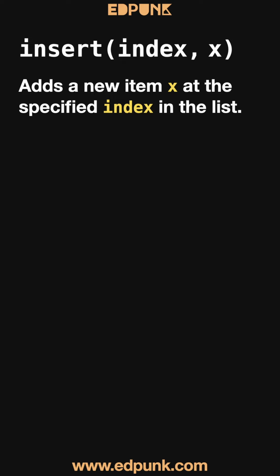When a new item has to be added at a particular index, the insert method can be used. The first argument of the method is the index and the second argument is the item value.